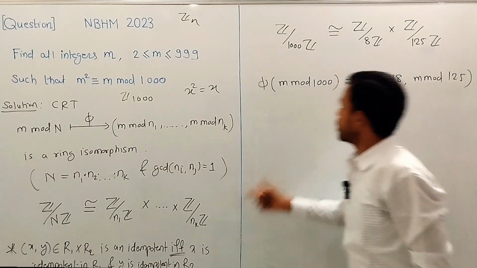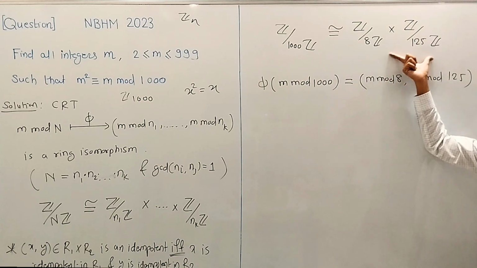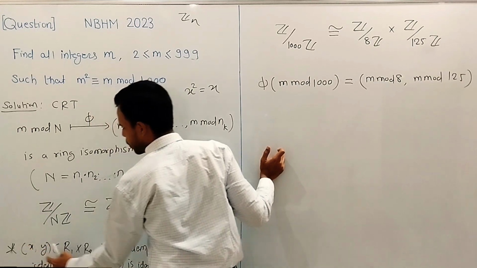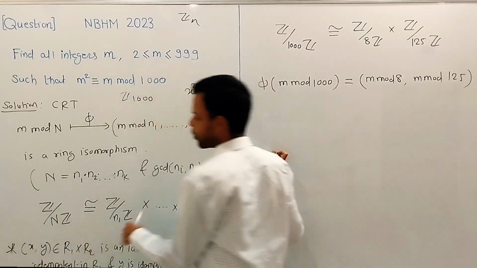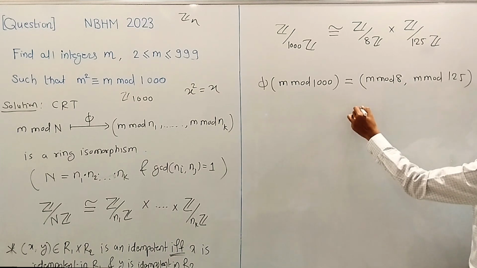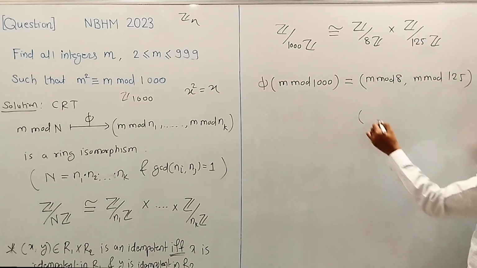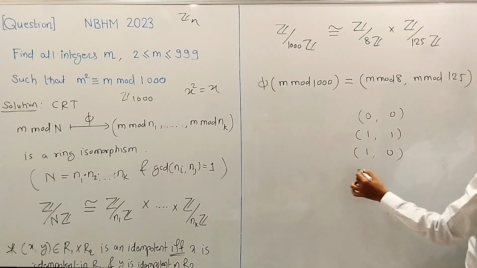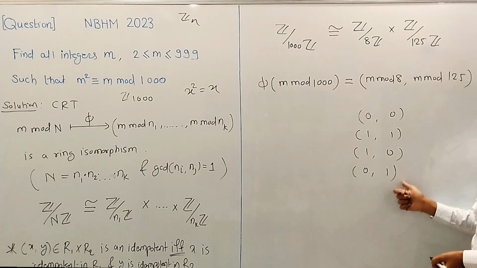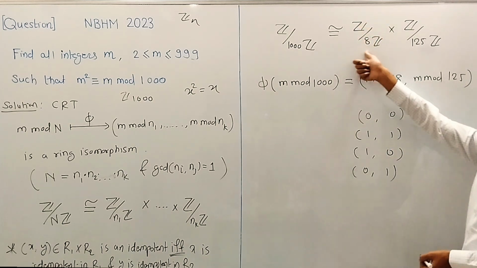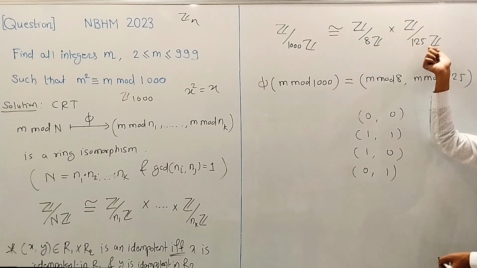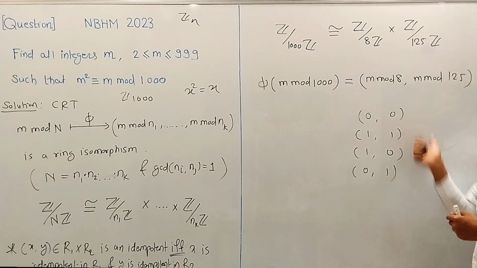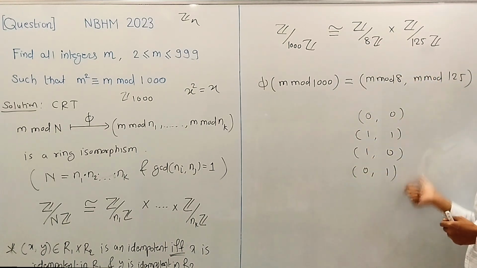By this result, an ordered pair belonging to this direct product is an idempotent if and only if its first coordinate is idempotent in the first ring and its second coordinate is idempotent in the second ring. So the only possible idempotent elements in this direct product of rings are (0,0), (1,1), (1,0) and (0,1), because 0 and 1 are the only idempotent elements in each of these rings, as they are local rings. So the only possibilities for idempotents in this direct product are these four.